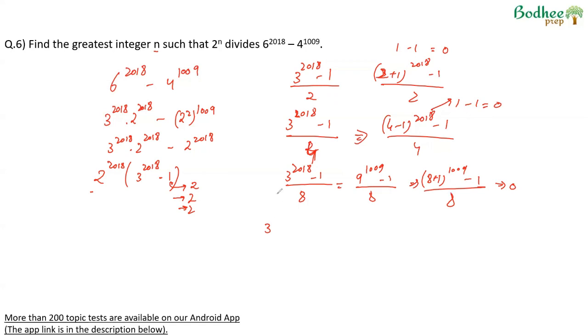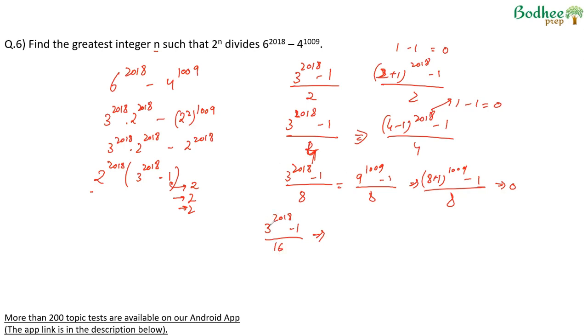Checking for 16 then. The power of 3 close to 16 is 81. 3, 9, 27, 81.